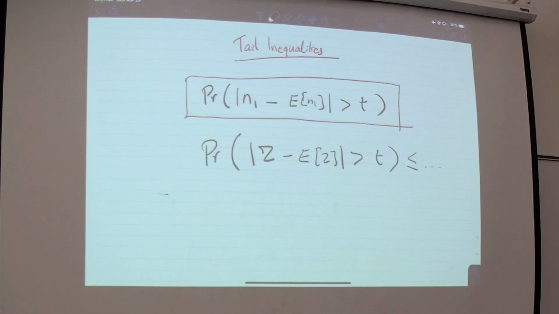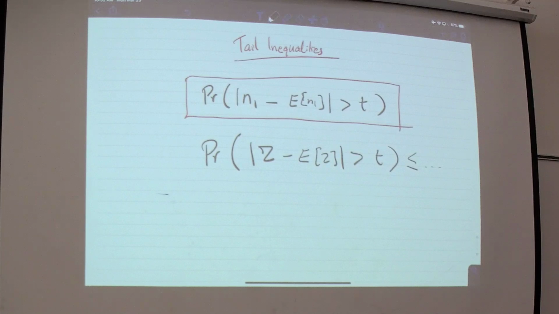So what is the first thing you can say? There's a long set of techniques that people have used to try and prove things. But the way to think about them is to say, with how little information about Z, or in this case N1, can you prove anything at all? And as you throw in more and more information about your random variables, as might be expected, you'll be able to say stronger and stronger things about this tail behavior.